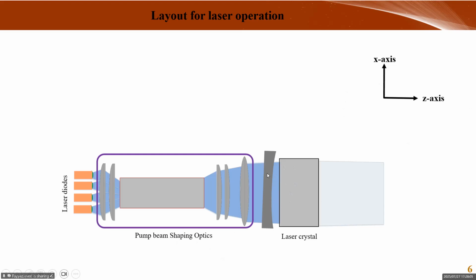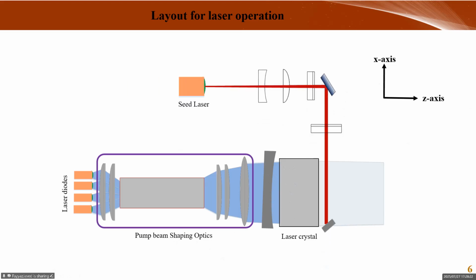Here we have an input mirror, which traditionally is a concave mirror to bring the divergence along with the output mirror to the seed beams. For the amplifier section, we collimated and reshaped the beam along the vertical direction, so its mode size doesn't change too much along the vertical direction.